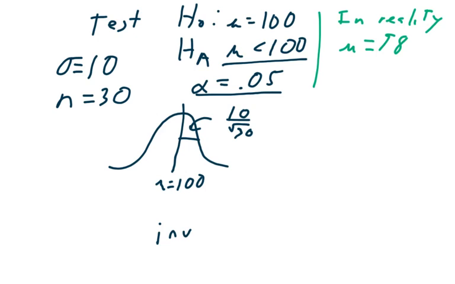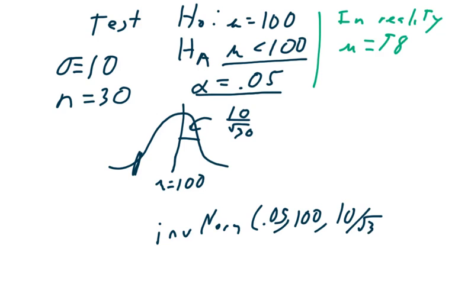So I'm going to do inverse norm of 0.05, because that's where the 5% is going to come in, with a mean of 100 and a standard deviation of 10 divided by the square root of 30. And that gives me 96.996, so I'm going to round that to x bar equals 97.